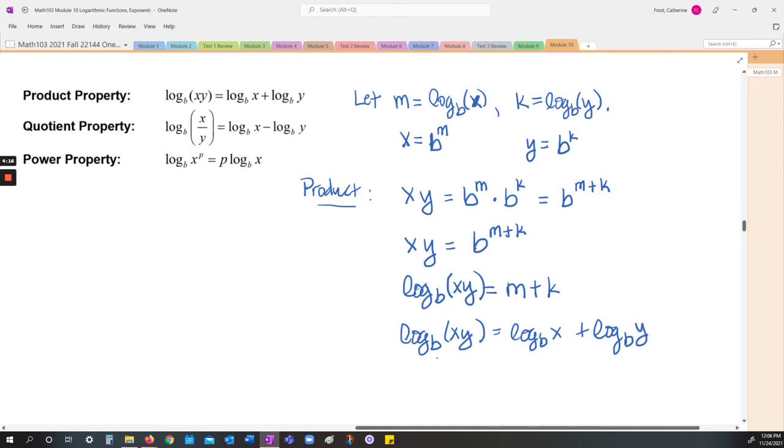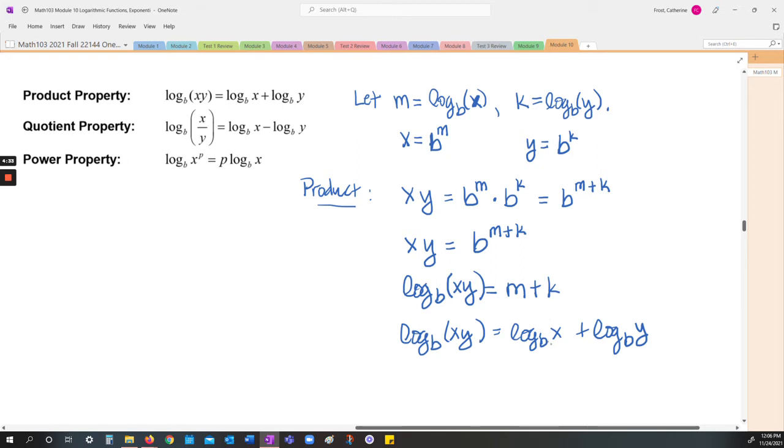This is kind of a tricky thing. There's a lot of letters here, and it's basically just using how you can go from writing a log equation to an exponential equation, and doing that a couple of times.